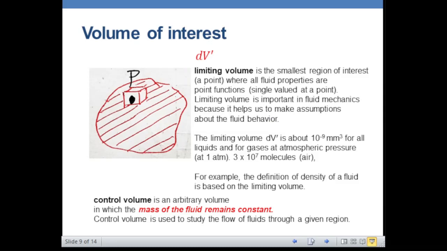So for air, if we have 10 to the negative 9 cubic millimeter, that's approximately 3 times 10 to the power of 7 molecules. And we also have what we call control volume. Control volume is an arbitrary volume in which the mass of the fluid remains constant. Control volume is used to study the flow of fluids through a given region.